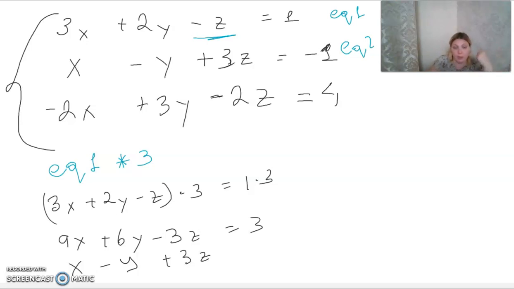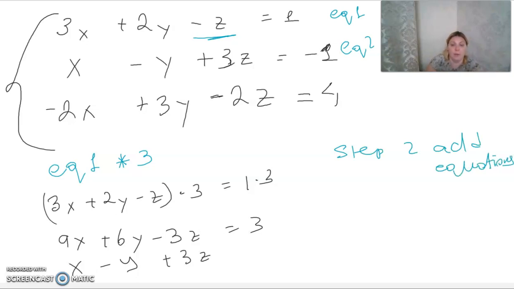So now that we have this, we can do our step 2. We can add up the equations. So this is my step 2, add equations.